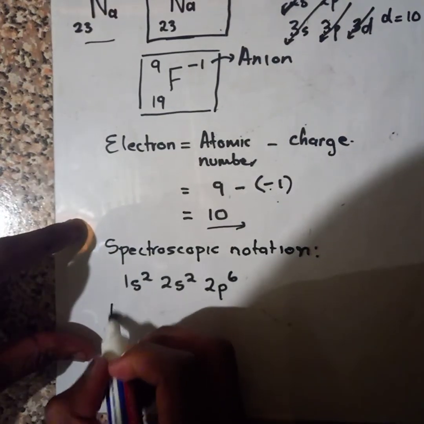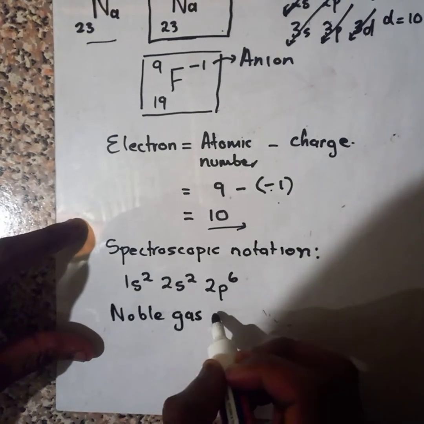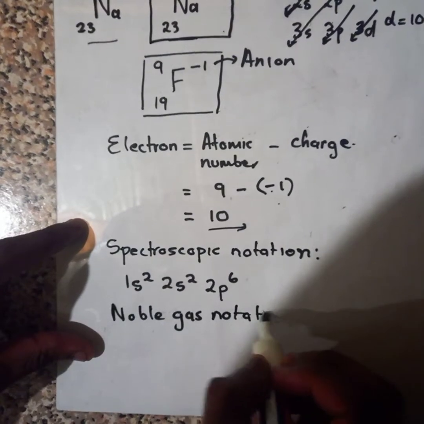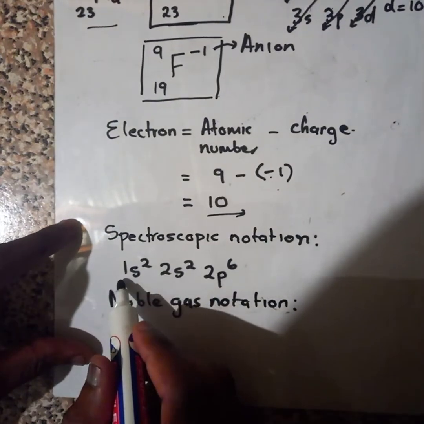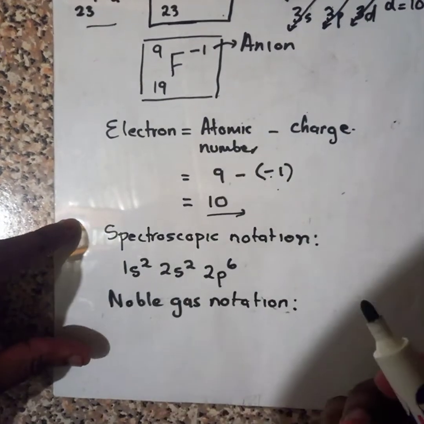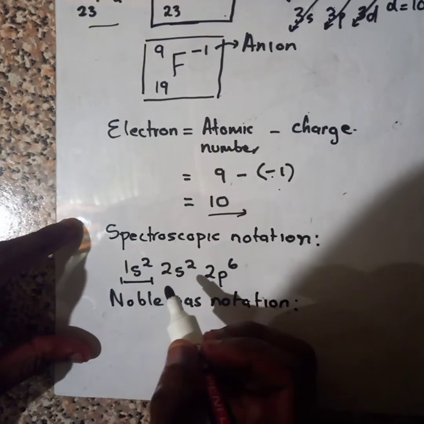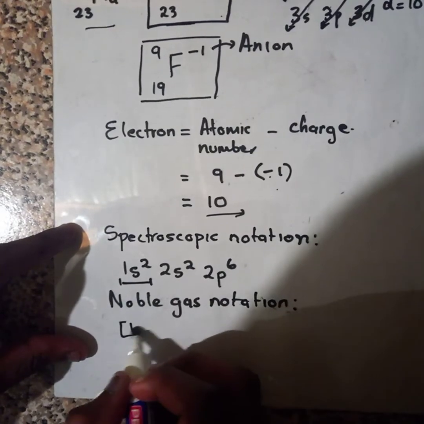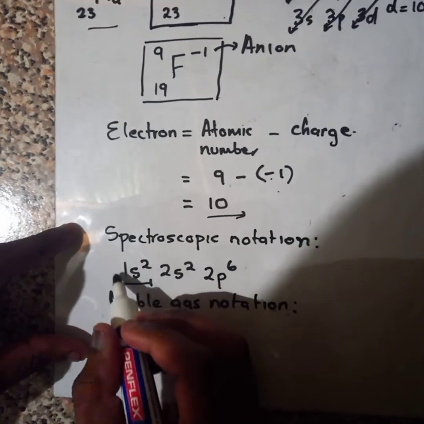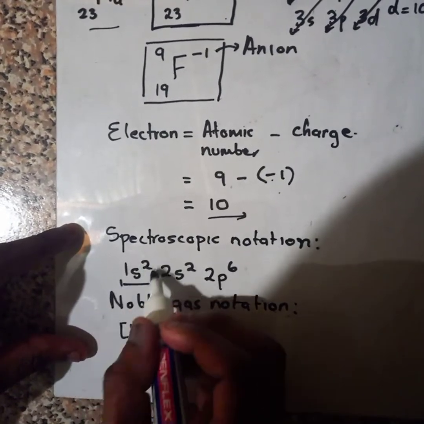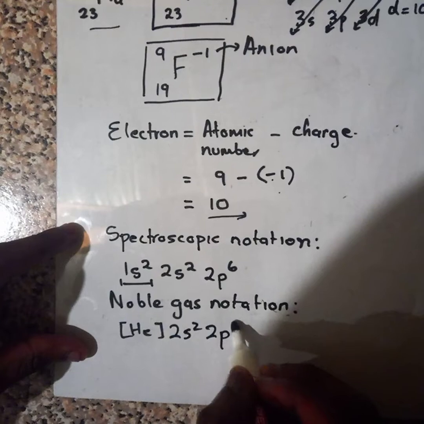Then for the noble gas notation, we take the maximum. Don't forget that the maximum for this one is 10, which is neon. Last time I explained that some will consider He to say, okay, the noble gas of the first energy level is going to be helium, and continue to write like this.